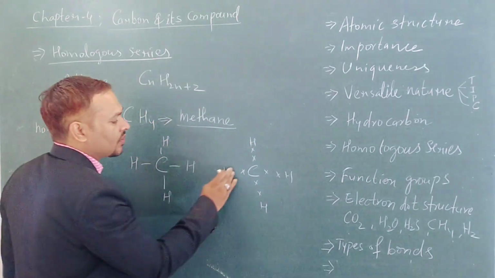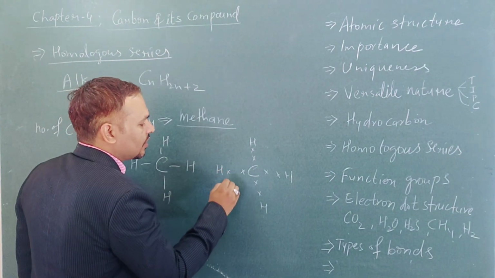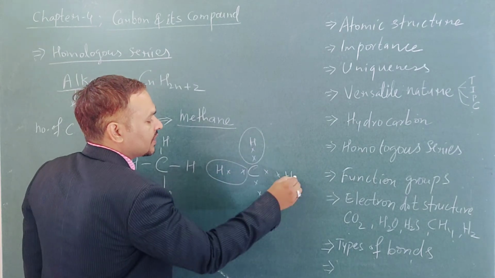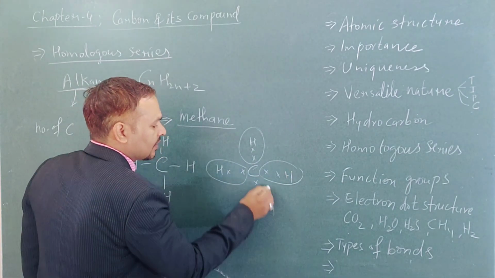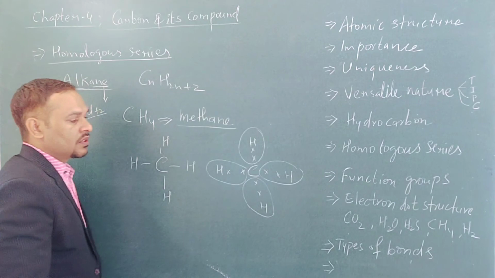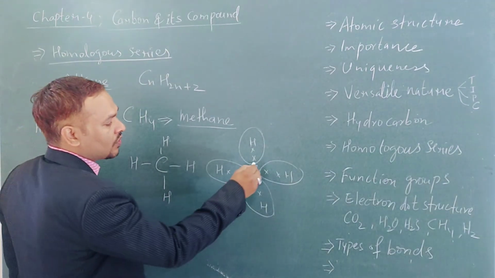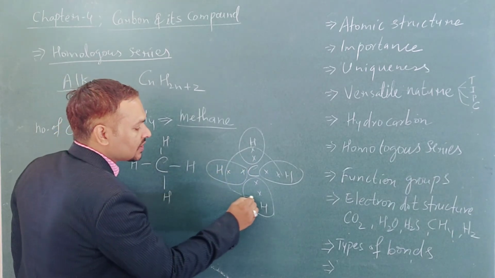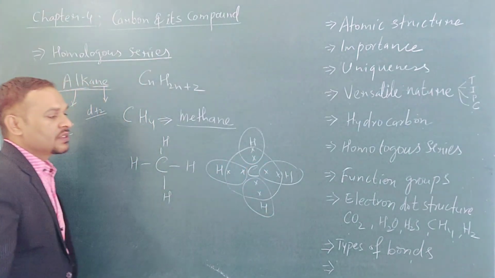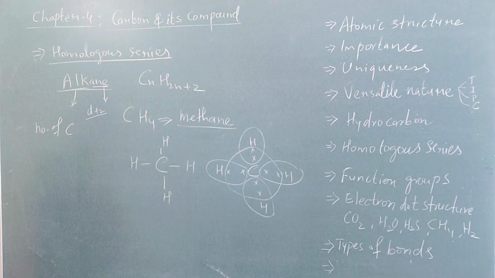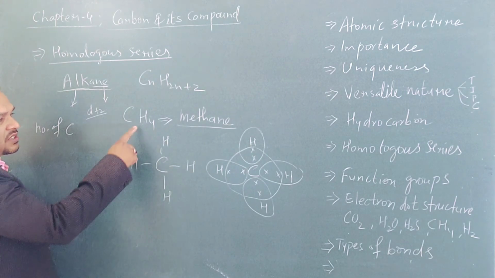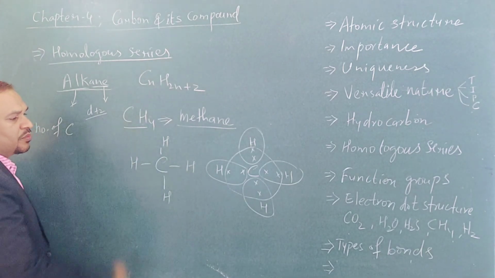This is the electron dot structure of methane. These all 4 shared electrons, and if you talk about the carbon, then you can share all these 8 electrons. So this will be the electron dot structure of methane. This is the structural formula of methane. This is the molecular formula of methane.